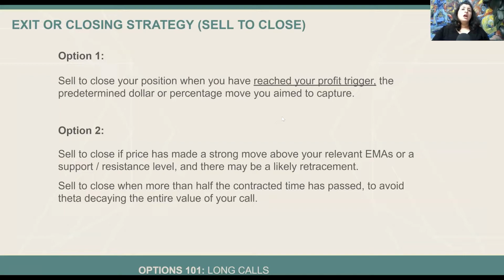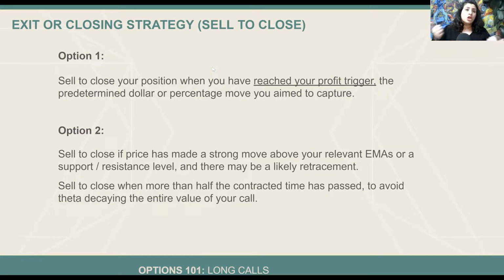So you've done your analysis, you've decided to get into this underlying, you believe that the underlying is going to move enough that you are going to be able to be profitable. And so now you are setting up your close. You're going to exit this strategy because now you are in a profitable position, or potentially going to be in a profitable position.